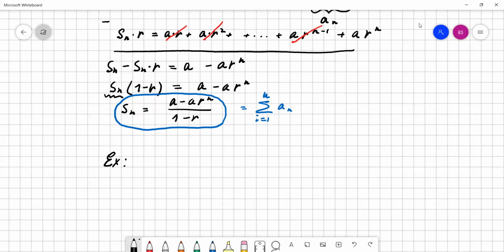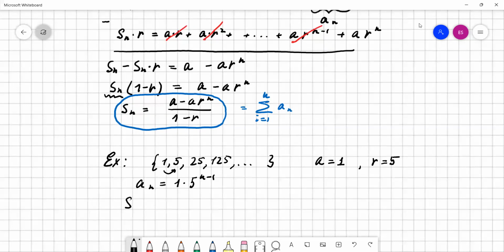Example, let's consider a sequence 1, 5, 25, 125, and so on. The first term is 1, right? The ratio, you multiply by 5, kind of obvious. So the term number n is going to be 1 times 5 to the power of n minus 1. That's my ratio.